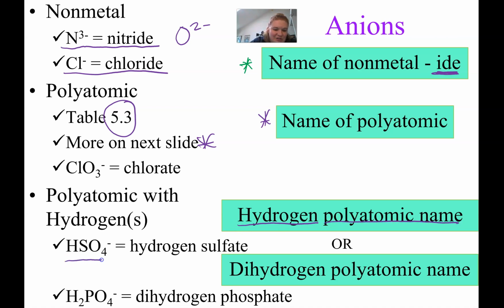So like HSO4-, SO4's name is sulfate and it has one hydrogen, so HSO4 is hydrogen sulfate. If it has 2 hydrogens, we just add di in the front to say that there's 2. So H2PO4-, PO4- is phosphate. So because it has those 2 hydrogens, we're going to call this dihydrogen phosphate. Okay, let's talk about these polyatomics a little bit more.